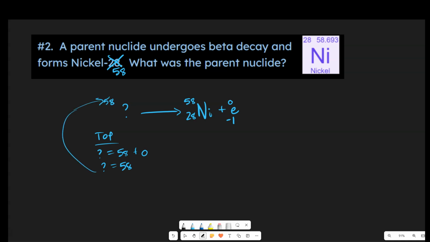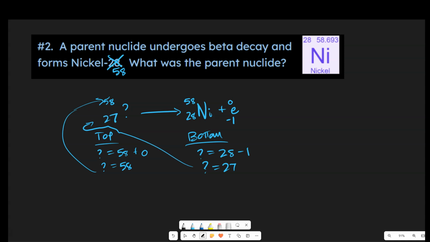Okay, very good. And for the bottom number, which is the atomic number, let's do the math. We're going to say some number is equal to 28 minus 1. Well, what's that equal to? That bottom number is going to be equal to 27.